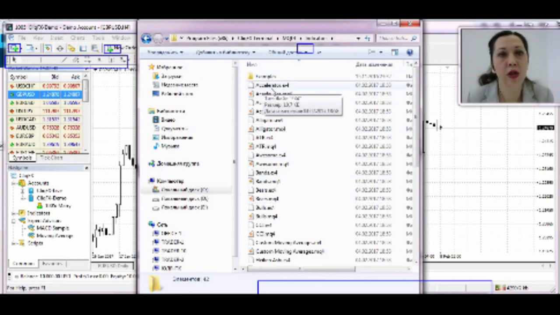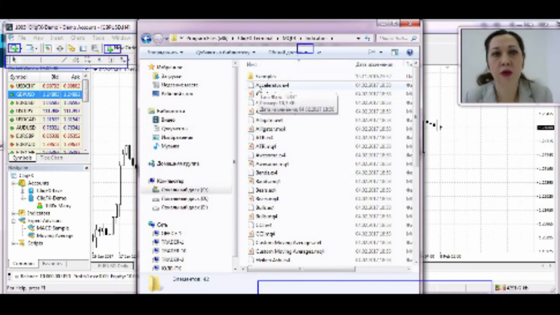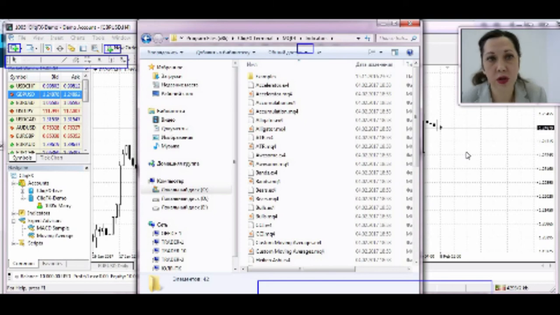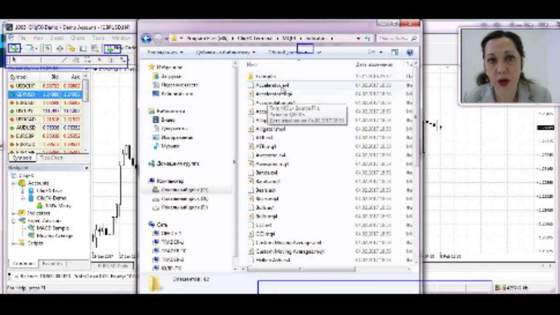When you want an additional indicator to be used in trading, you just need to drag it here. The extension must be EX4 or MQ4.